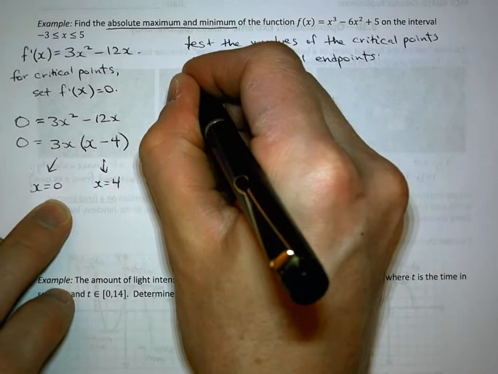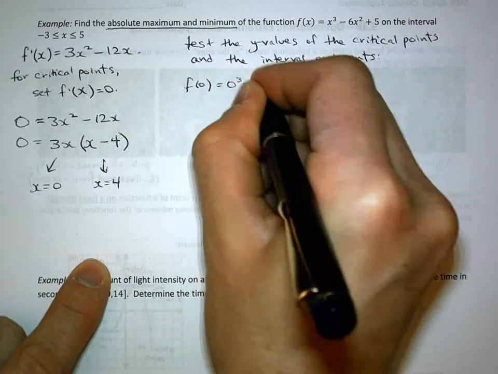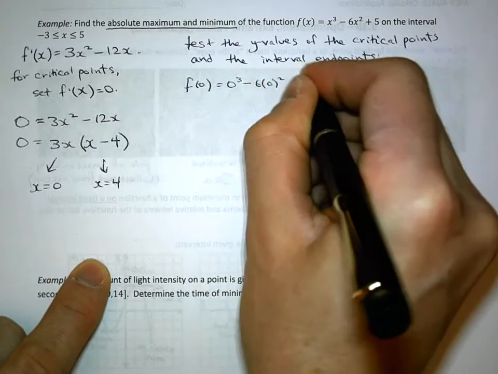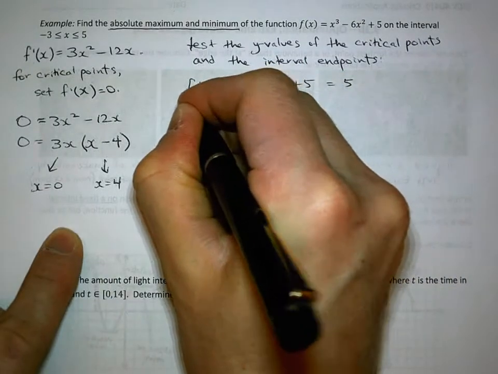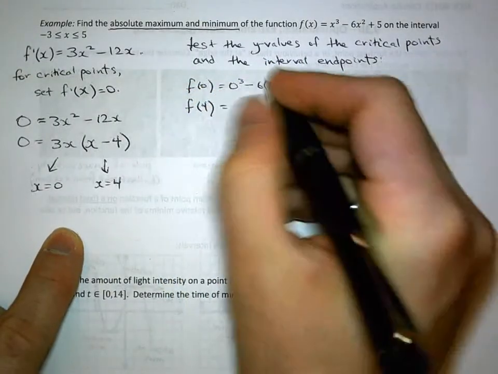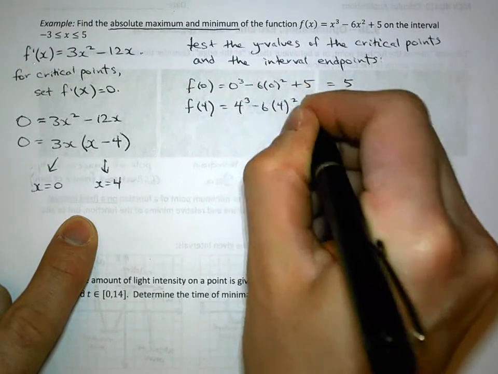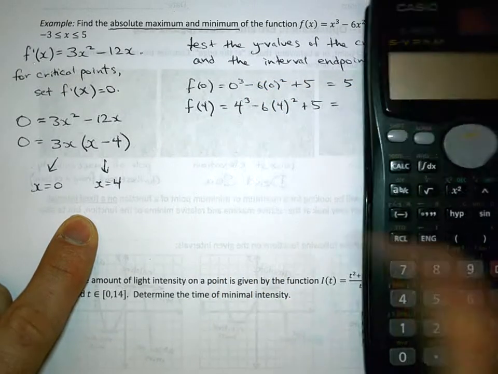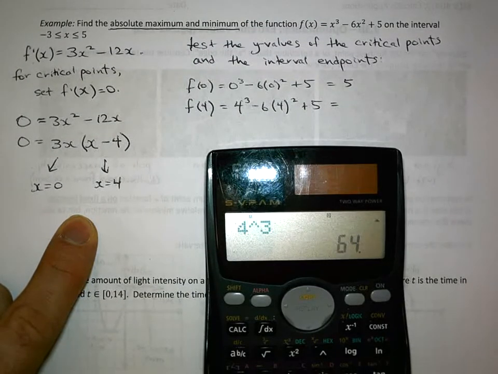Let's start with f at 0, which is going to be 0 cubed minus 6 times 0 squared plus 5, which is just 5. Then I have f at 4, which is 4 cubed minus 6 times 4 squared plus 5. We usually have calculators in our optimization chapter, so let's just go for it.